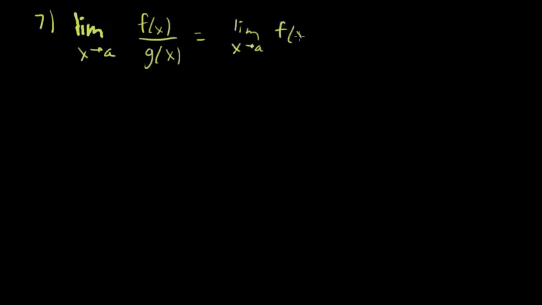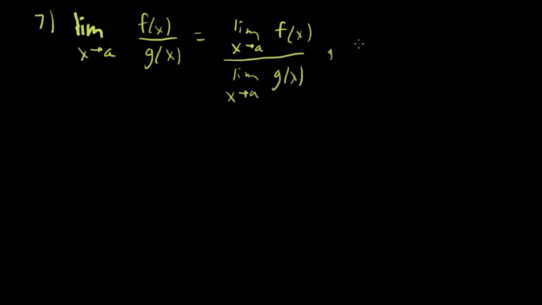And there's an analogous property for division. And that's the limit as x tends to a of f of x over g of x is equal to the limit as x tends to a of f of x divided by the limit as x tends to a of g of x.